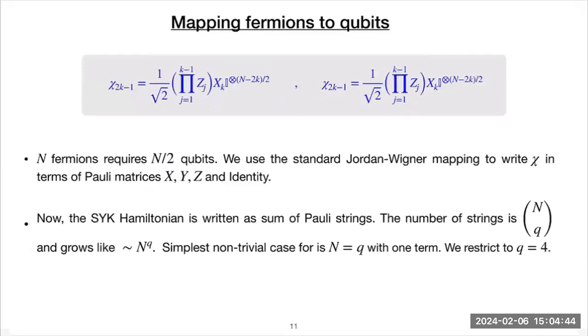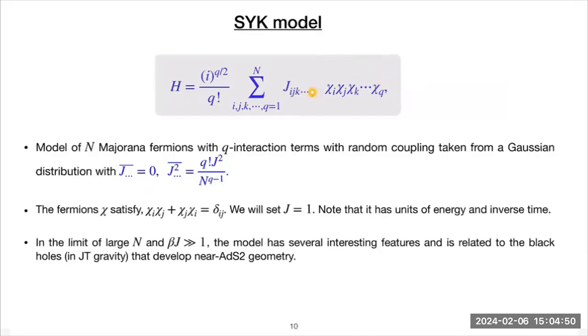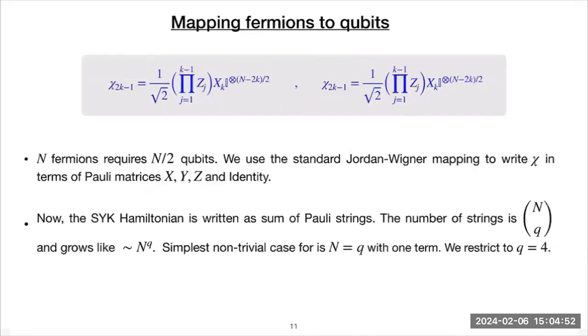One of the things which we want to do with this SYK model is for quantum computing. The first step is to take these fermions, chi, and do a Jordan-Wigner mapping. So we want to take the chi's, there are n of them, and map them to these Pauli operators.